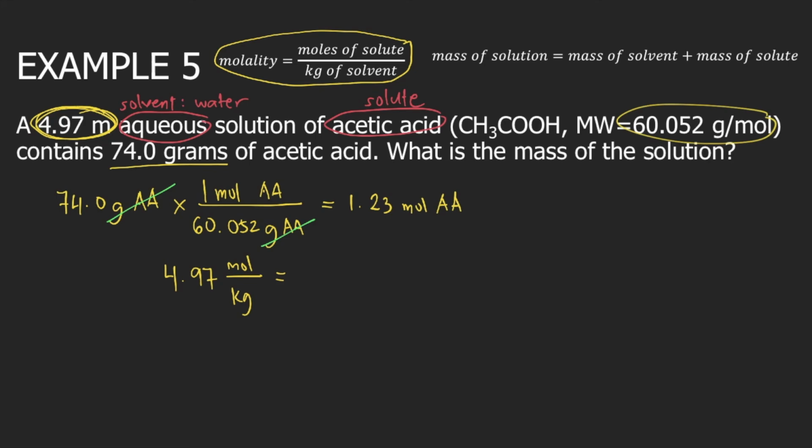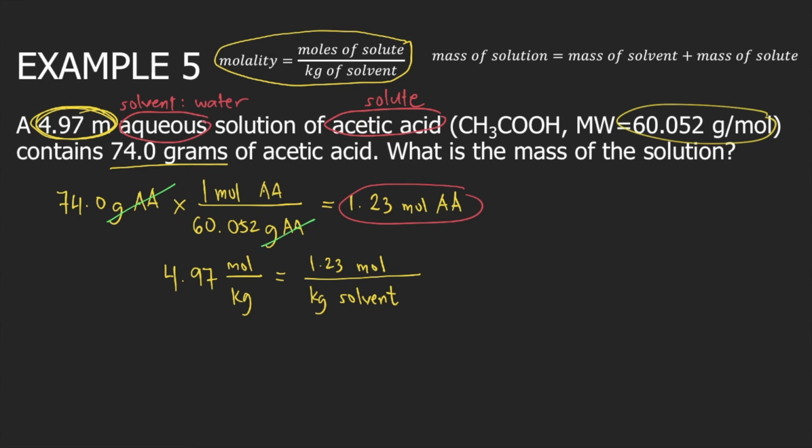That is equal to moles of solute, so 1.23 moles divided by kilogram of solvent. We do not know this yet, so just write kilograms of solvent. So we will solve the kilograms of solvent.